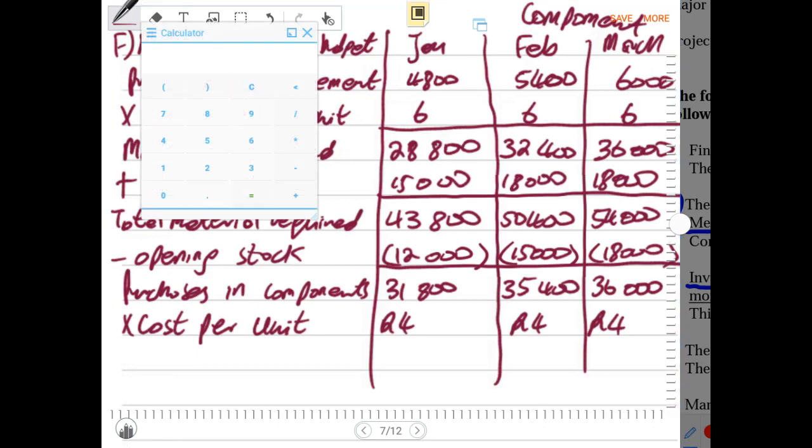Let me just do the recalculation. 4,800 times 6, plus 15,000, then 43,800 minus 12,000, just to make sure that my calculations are correct. We have 5,400 times 6, 32,400 plus 18,000, then minus 15,000, this will be 35,400.